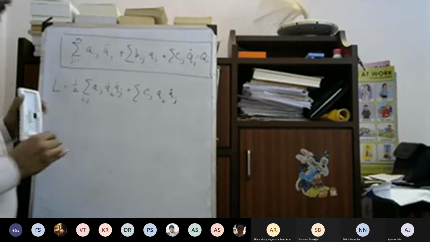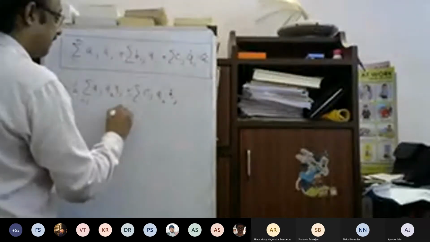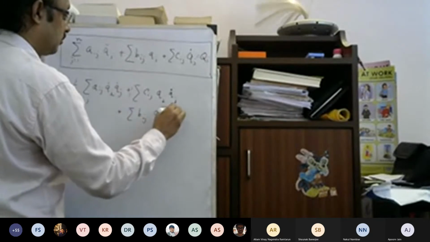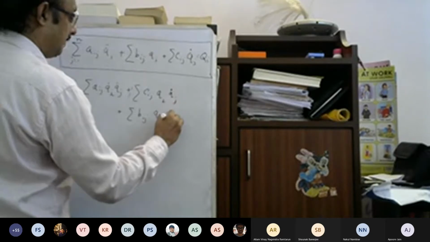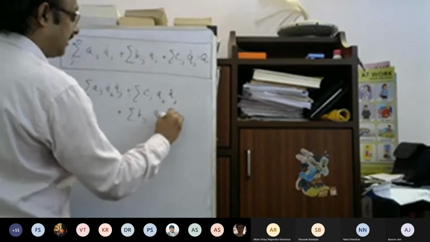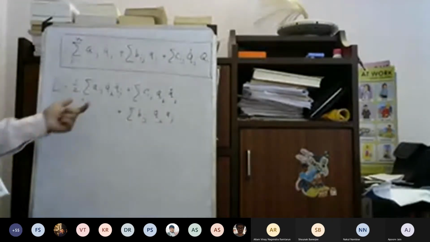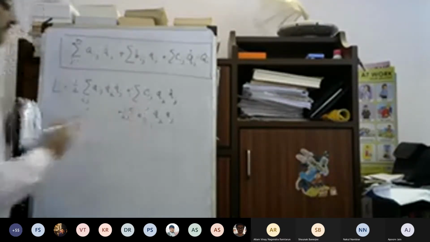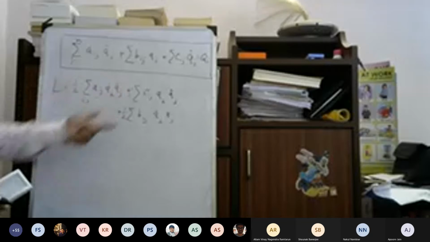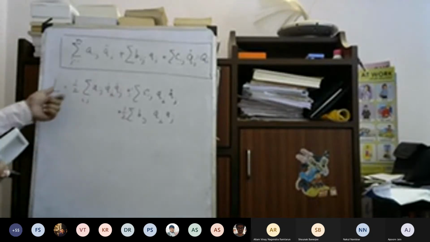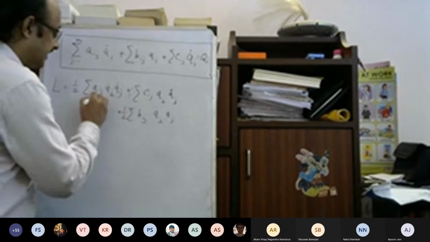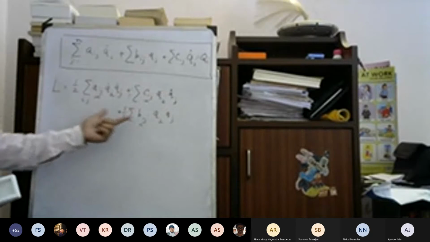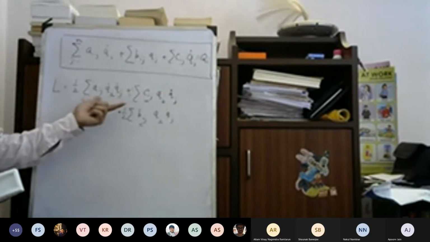Okay, this may be half, this may not be half, plus Bij Qi Qj, where this may be half Bij Qi Qj. So this is the expression where all these are constant quantities. These are all constants. Now this is actually a homogeneous quadratic expression in terms of Qi and Qi dot.